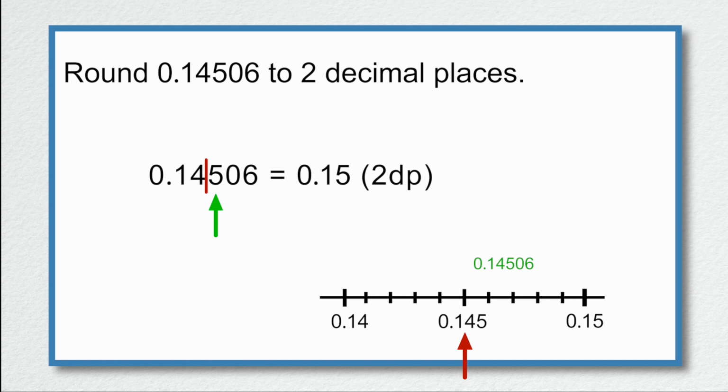And the number that we're starting with is somewhere here. Again, it's not to scale. And we can see that this number is closer to 0.15 than it is to 0.14. So the process is still the same, it's just that the cutoff point is different.